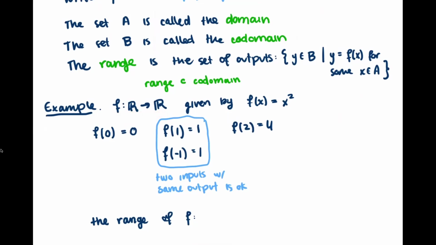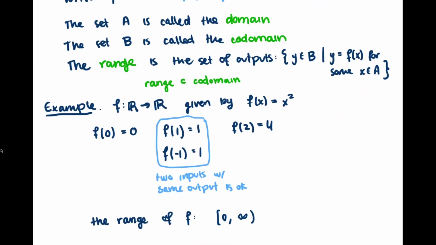But what is the range? Yeah, 0 to infinity. So this is going to be the interval, closed at 0, because we already saw we have an example of something that is sent to 0, to infinity. So that's the set of possible outputs of f.